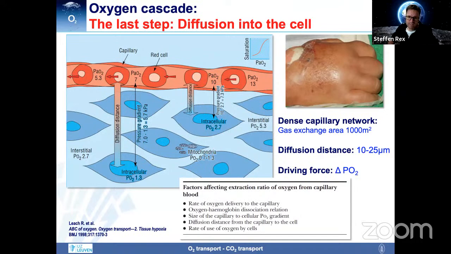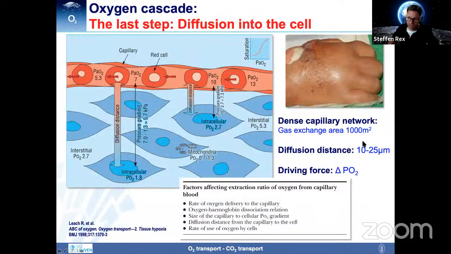The last step is then in the peripheral tissues, where the oxygen has again to leave the blood and get into the cells. But this is again diffusion. So you remember the law of Fick. You need a lot of exchange area, and luckily our body has an incredibly large exchange area of 1,000 square meters.